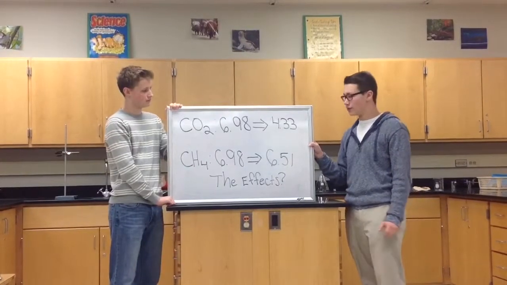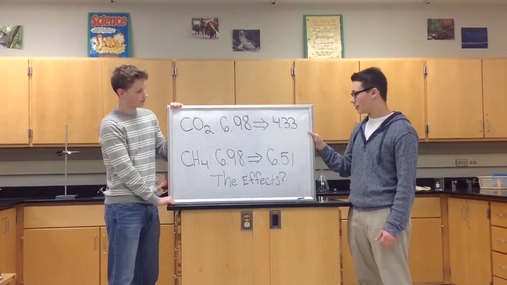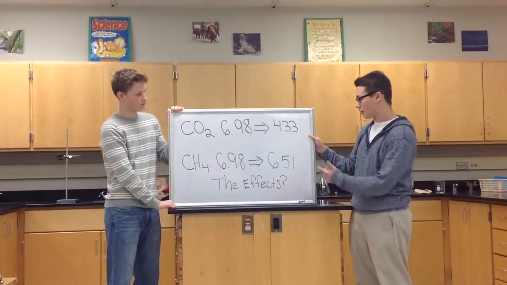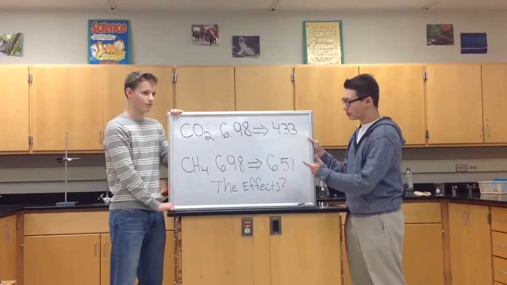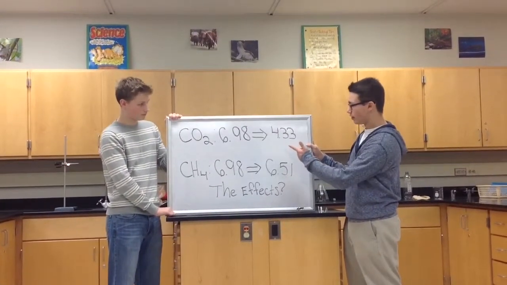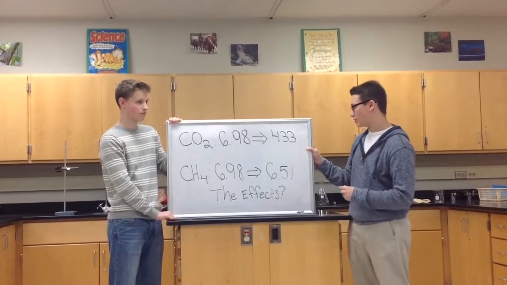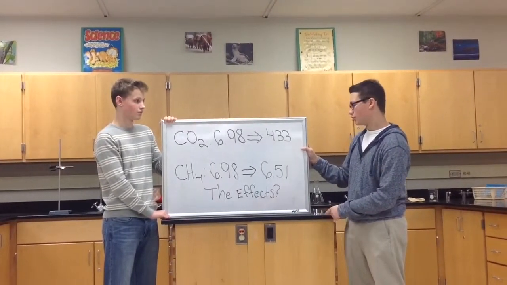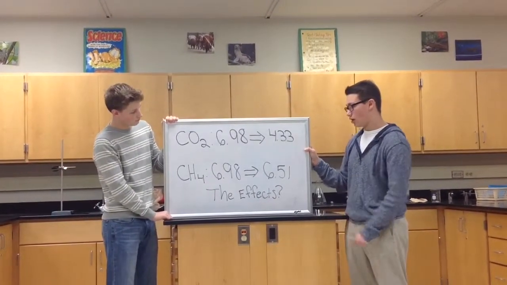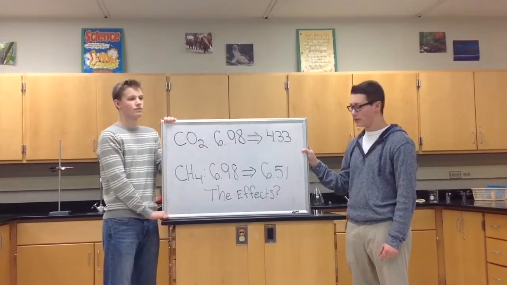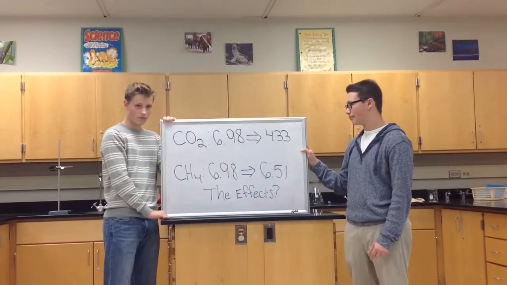Thus, carbon dioxide has a much greater effect on the pH of water than methane, as seen by the fact that the pH for carbon dioxide changed by approximately 2.5, while the pH change for methane was not even 0.5.